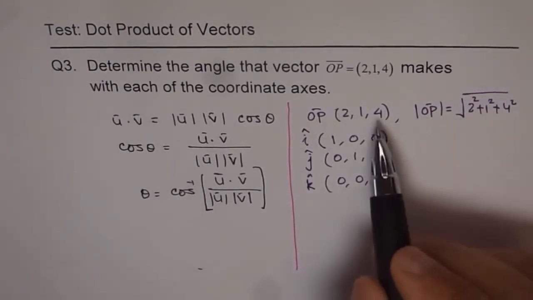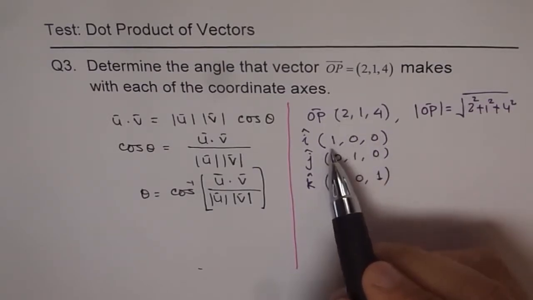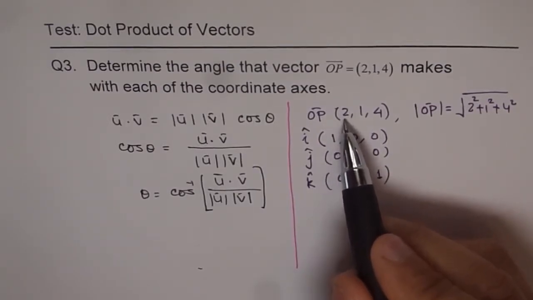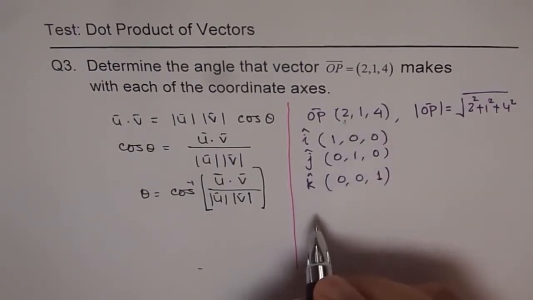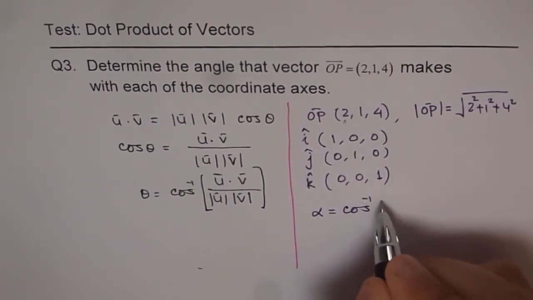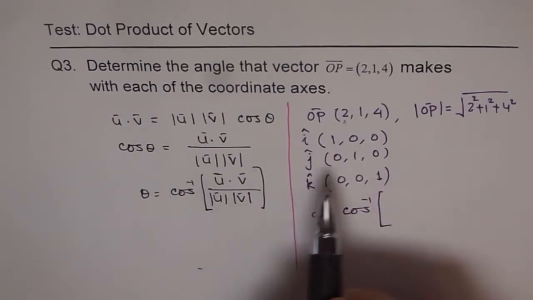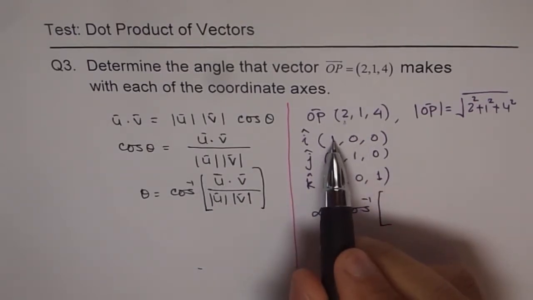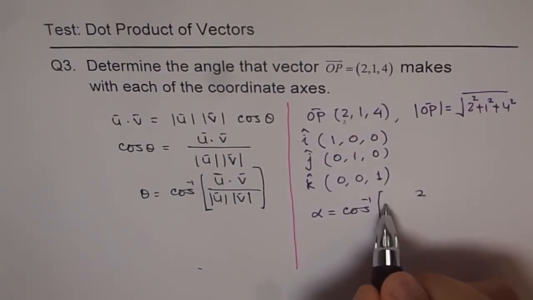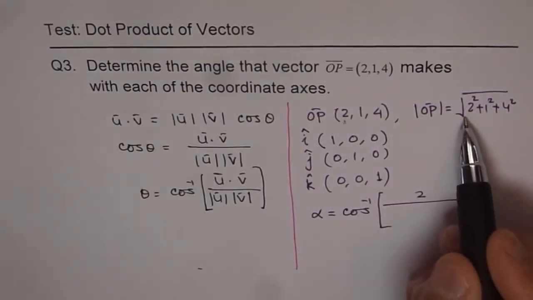In this formula, you do OP dot i, for example. So OP dot i will give only the direction number 2, and that will give you the angle alpha. So angle alpha is equal to cos inverse of 2, because when you do the dot product you get just 2 on the top, divided by the magnitude of i, which is 1, times the magnitude of OP.